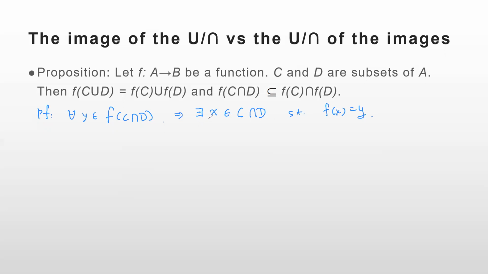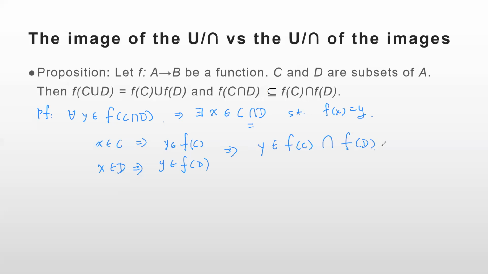Now you see x is in C and x is in D. So x is in C, you would conclude that y is in f of C. And when x is in D, you have y is in f of D, but it's AND. So both have to hold, and you have shown that y is in f of C intersect f of D. Okay, so that shows this statement.